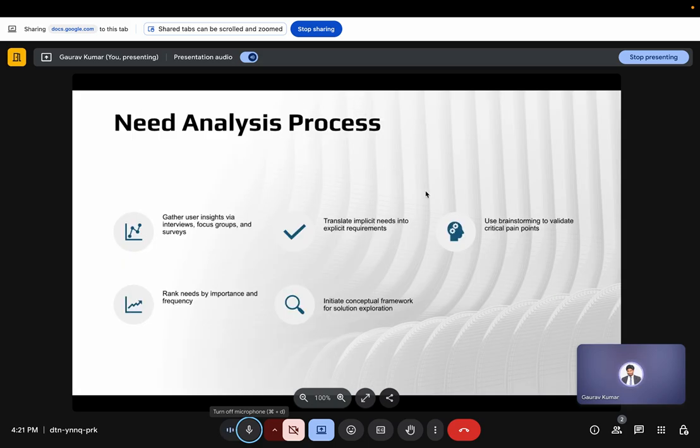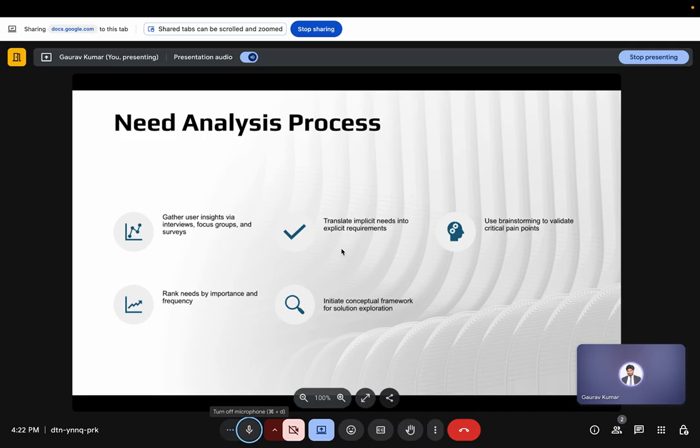So the next one is the need analysis process. Need analysis converts observations into actionable requirements. Interviews, focus groups, contextual inquiry, and usage analytics form a triangulated evidence base. We distinguish explicit from latent needs. The latter emerge by interpreting behavior and context rather than quotes.